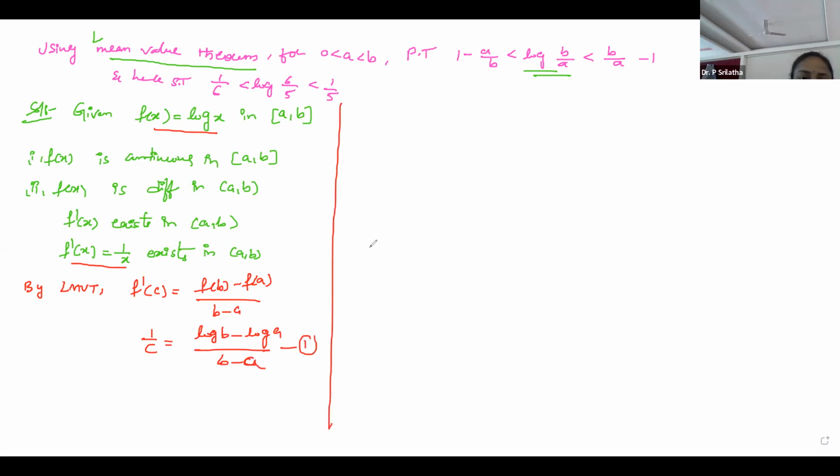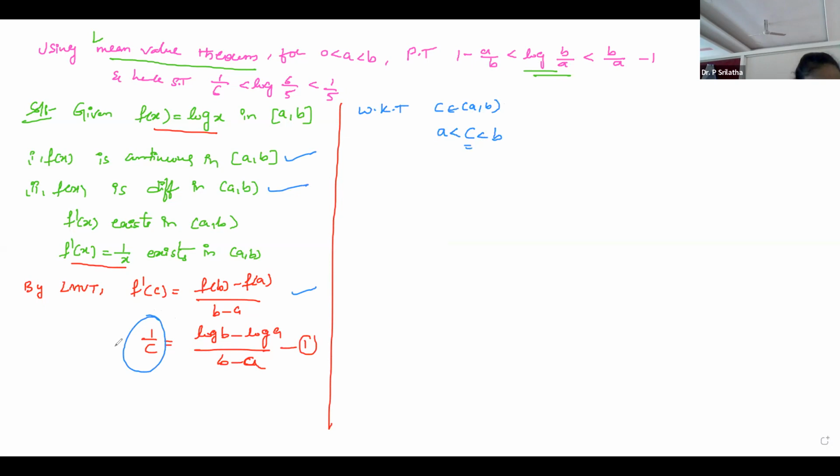Now coming to the next step. We have one more condition: it is continuous, differentiable, and the formula is there along with c belongs to open interval a comma b, right? So c belongs to open interval a comma b means a is less than c is less than b. So we have to convert this c to 1 by c.